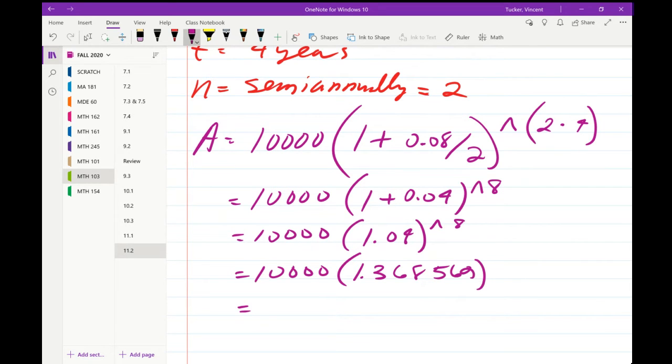And then multiply that times 10,000. And that will be your answer. It's how much you will have in the account after the 4 years.